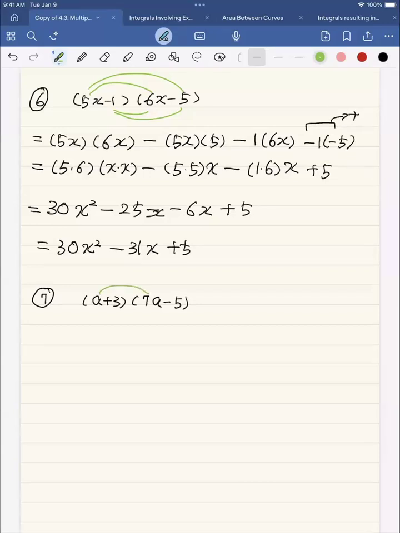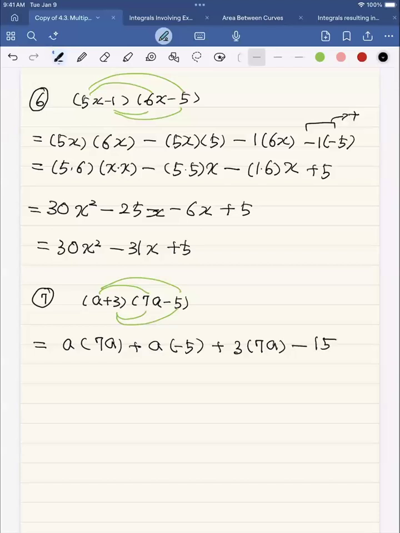The next problem is (a plus 3) times (7a minus 5). So that's a times 7a plus a times minus 5 plus 3 times 7a minus 3 times 5.